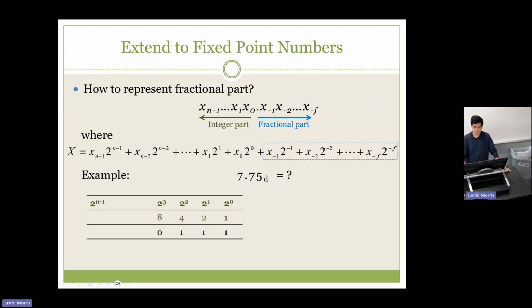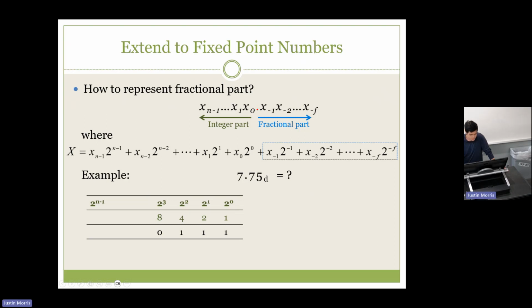The 0.75 might be a little bit more tricky. How many of you have seen fixed point? Usually, really not many people have seen fixed point. So it's just an extension though.